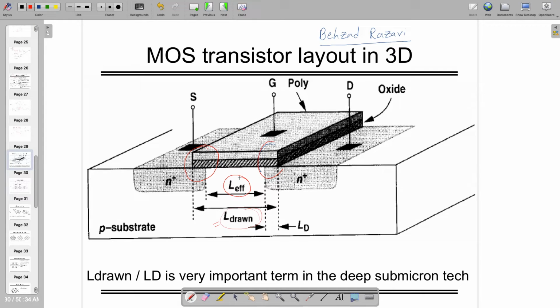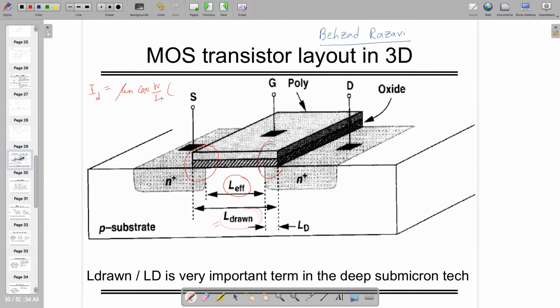When you simulate the transistors you will see different characteristics, and in laboratory measurement it will have a different value of current, because in this current equation one of the players is length.